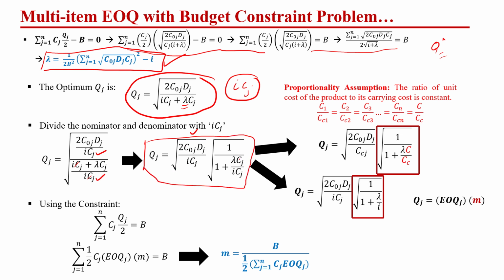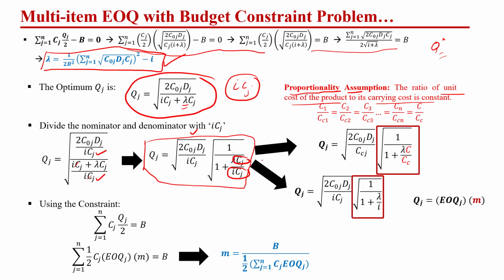Still we have the lambda. One way to deal with this equation is to take an assumption of proportionality, and what was that? That the unit cost divided by the carrying cost remains constant for every particular product. That means the ratio of the unit cost of the particular product and the carrying cost of that particular product remains constant.